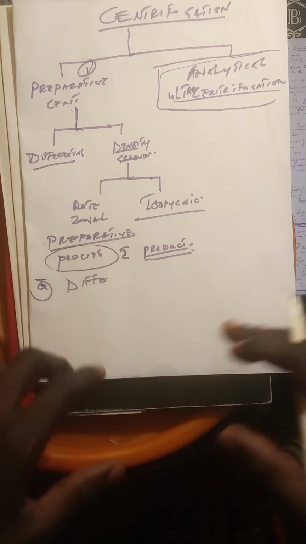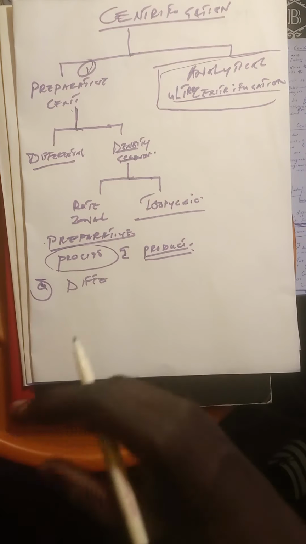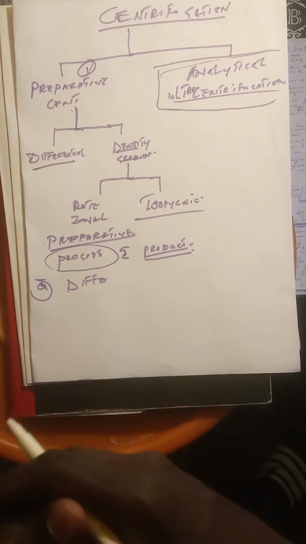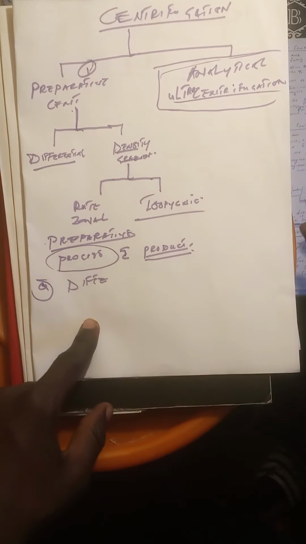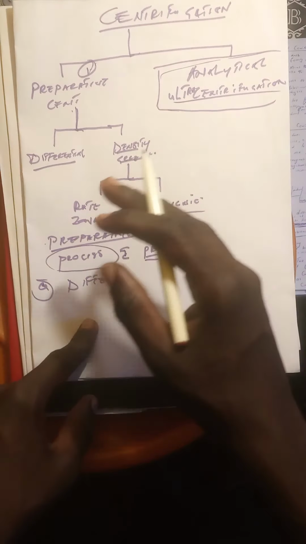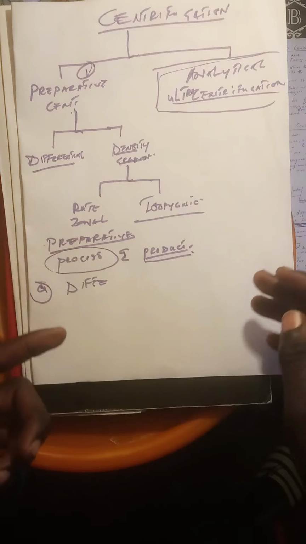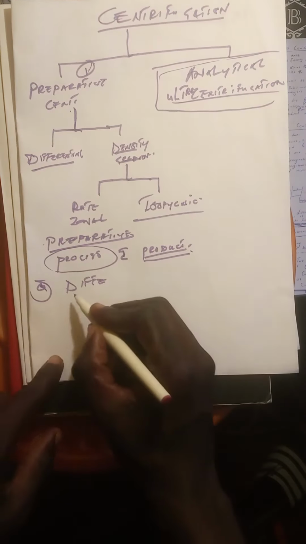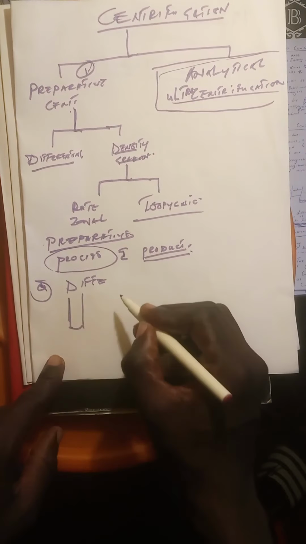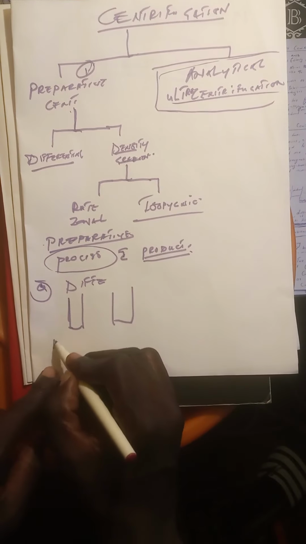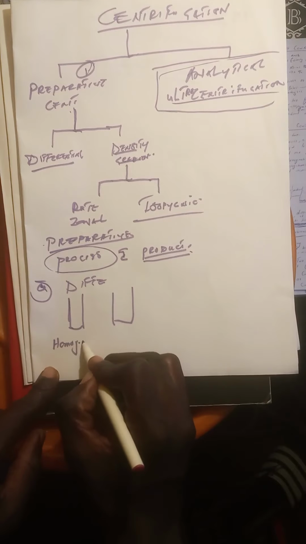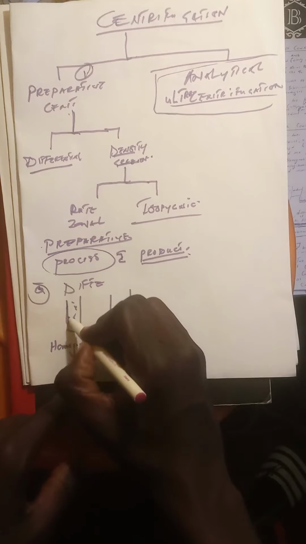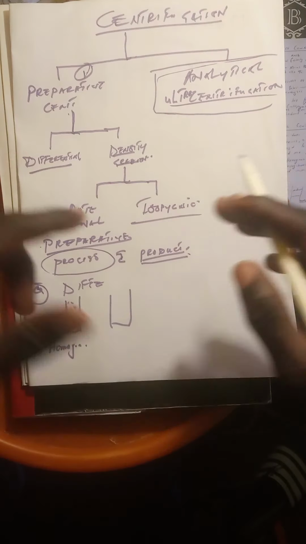But with differential centrifugation, you subject your liquid medium to multiple processes of centrifugation with increasing rotor speed. So if we have a cell homogenate, there we'll subject it to multiple processes of centrifugation.